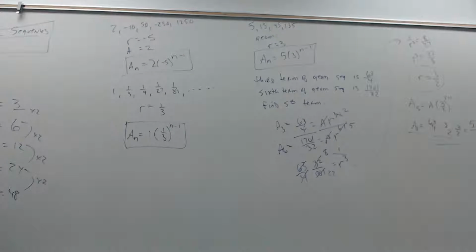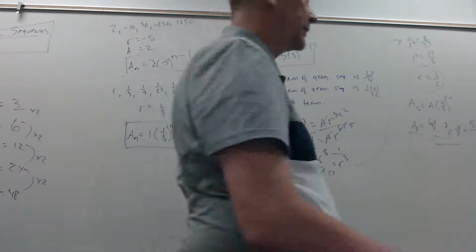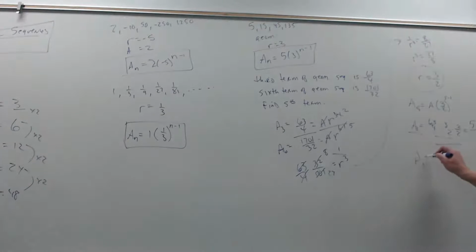Okay? Can you do any 2 things in the sequence? So like you did 3 and 6 and you got the ratio. Could we figure out what a sub 1 is? What would a sub 1 be? Probably it's going to be 3 halves to the 1 minus 1 power, right? Yeah.